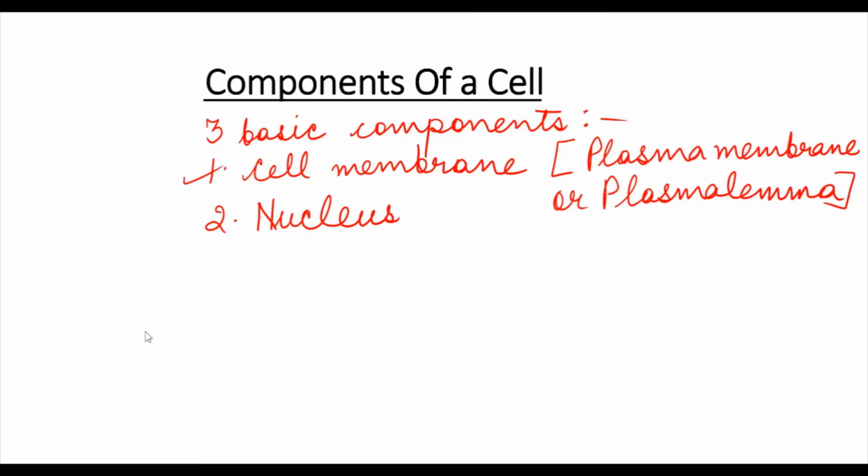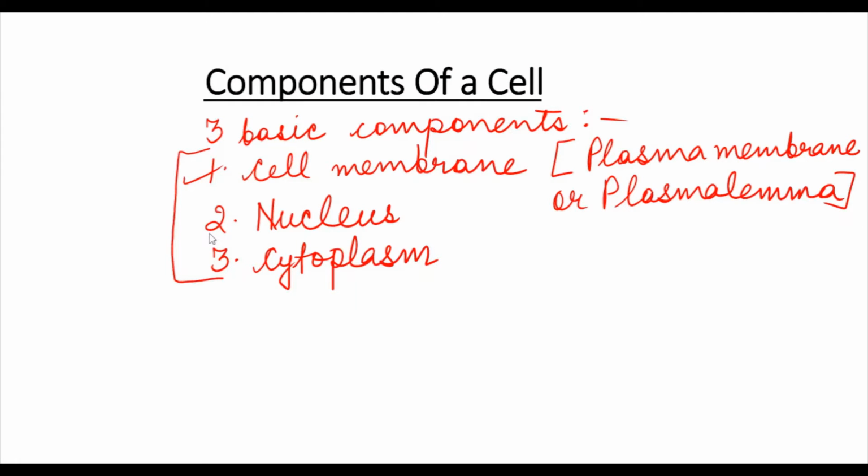And the third component or third part is the cytoplasm, in which all other parts of the cell are found embedded. I hope till here this is clear. So three common components are present in all cells, irrespective of whether a cell is an animal cell or a plant cell. So these three parts will be found in every cell.